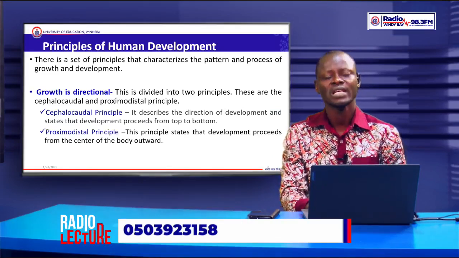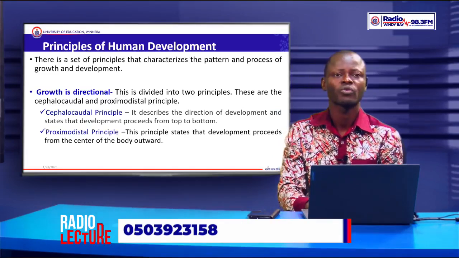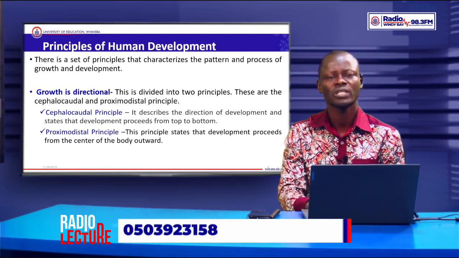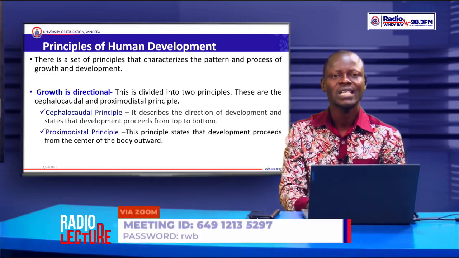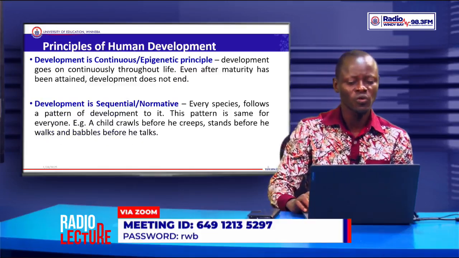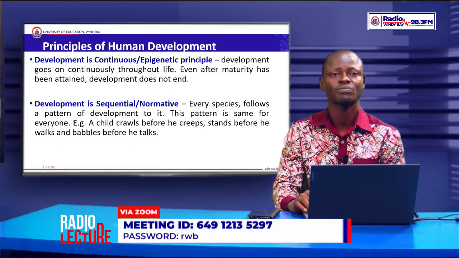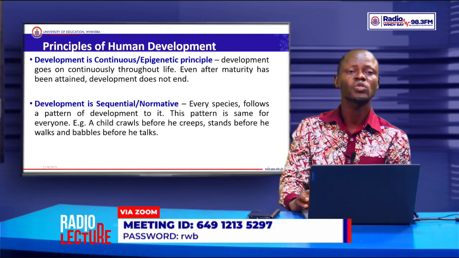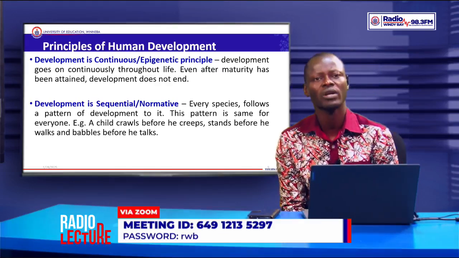The next one is proximodistal, which means that growth starts from the center and proceeds outside of the body. Then the next one, growth is continuous, which means that it is epigenetic in the sense that it goes on continuously throughout our lives and doesn't end.